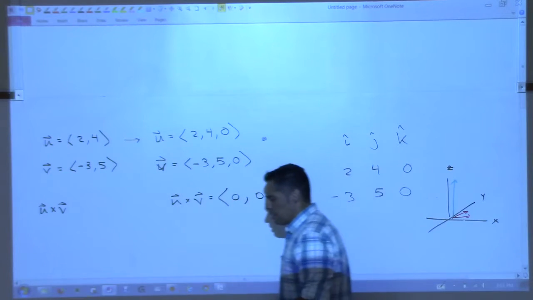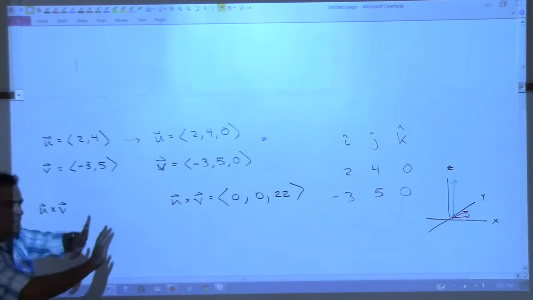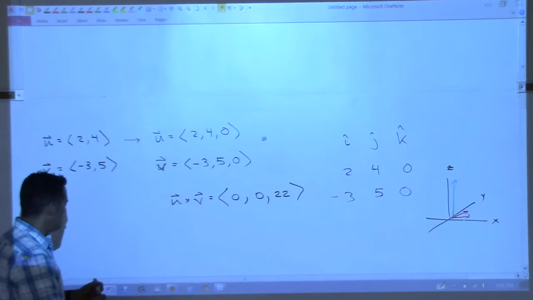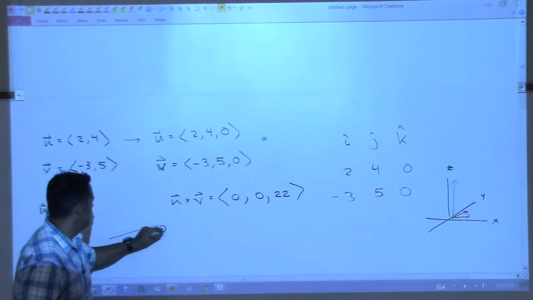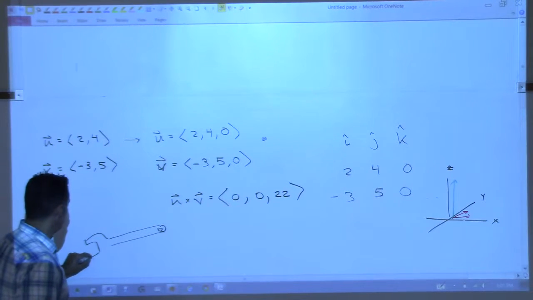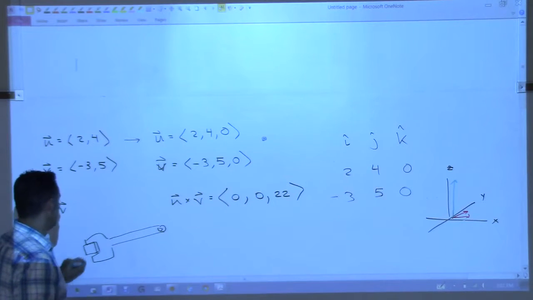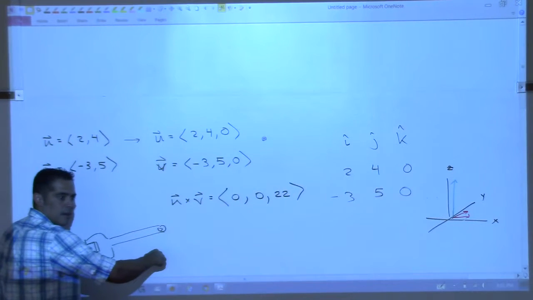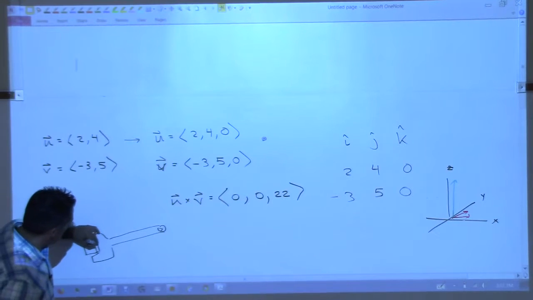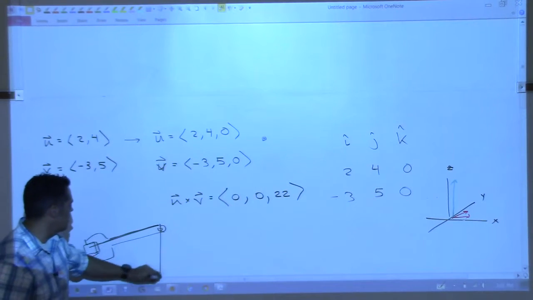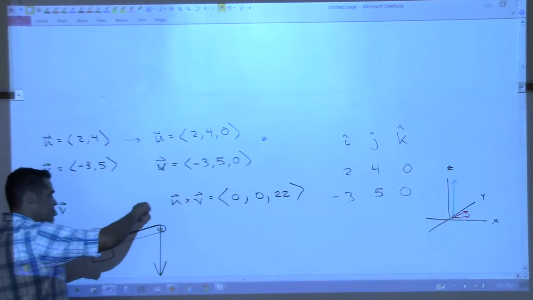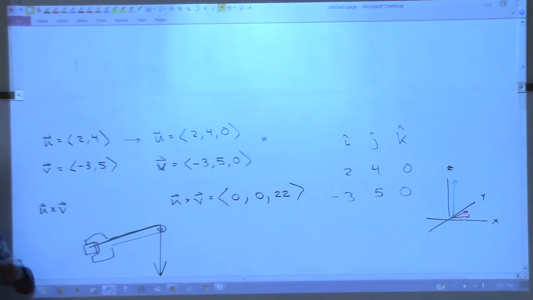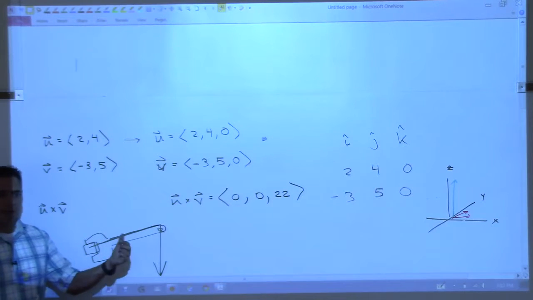When you look at physics problems in two-dimensional space, and we'll look at a problem later with torque, you have some wrench acting on some bolt, and you're applying a force. You have one vector that represents the wrench and another vector that represents the force. That's in two-dimensional space. So when you do a cross product, you get this new vector that's orthogonal to both, and that is your torque.